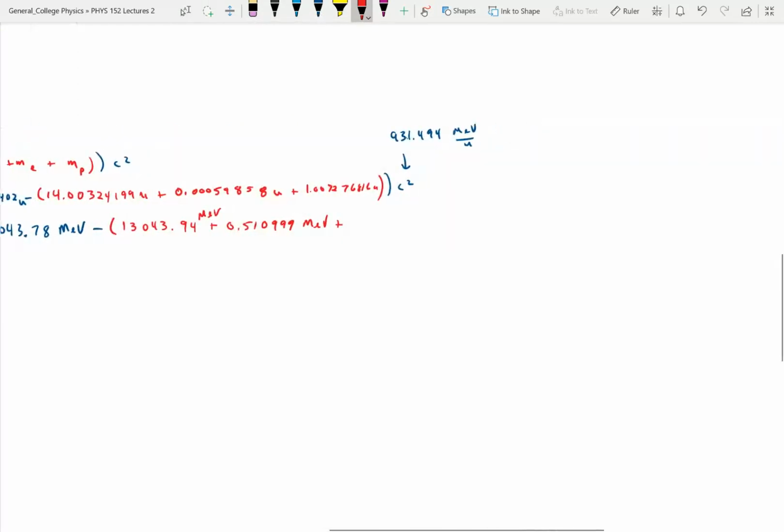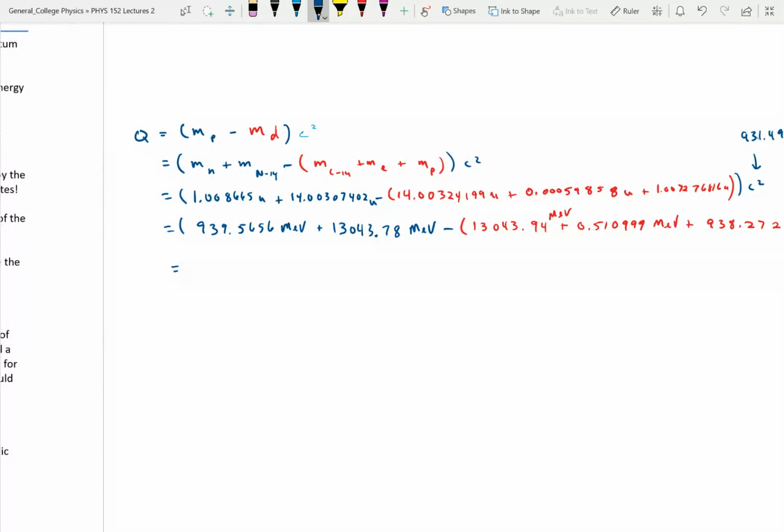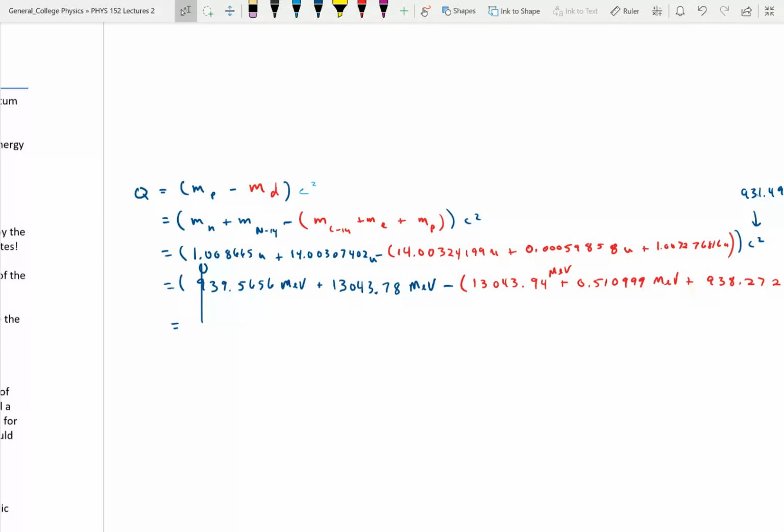And the mass of the proton is 938.2723. So that was done by distributing that c squared value through to all the numbers. And so this gives me a total number then of 0.626.